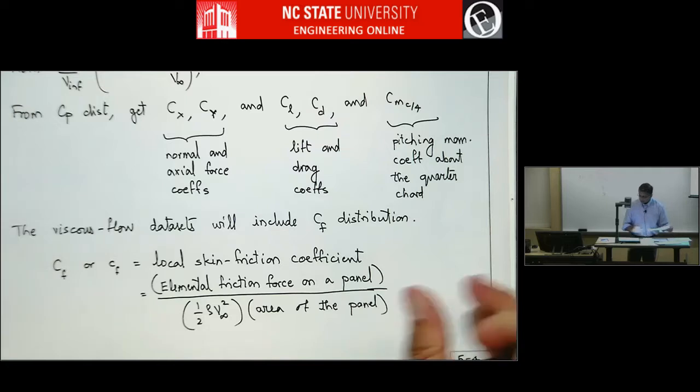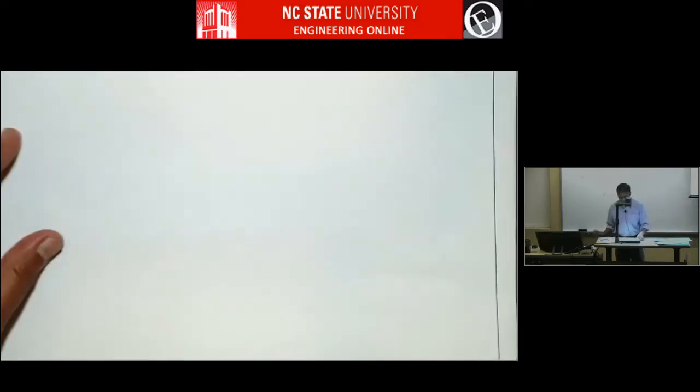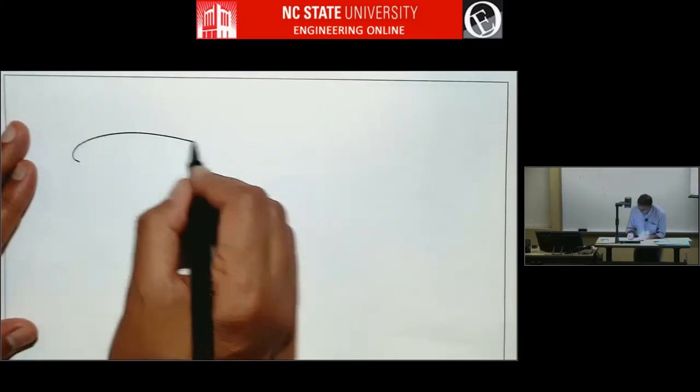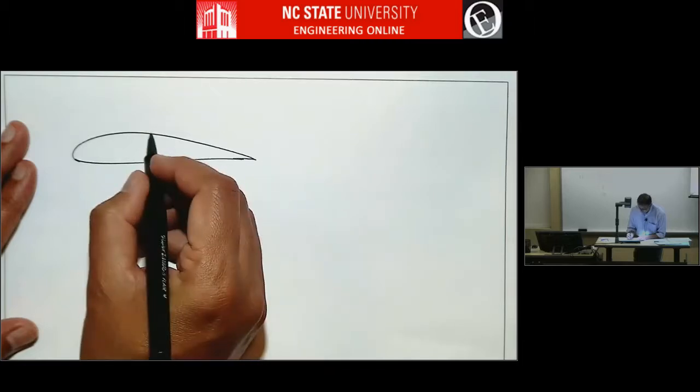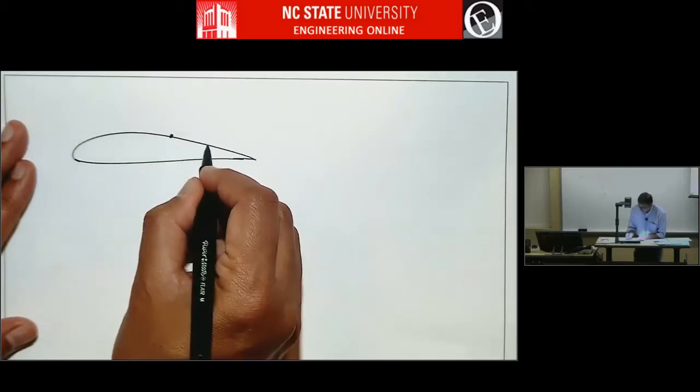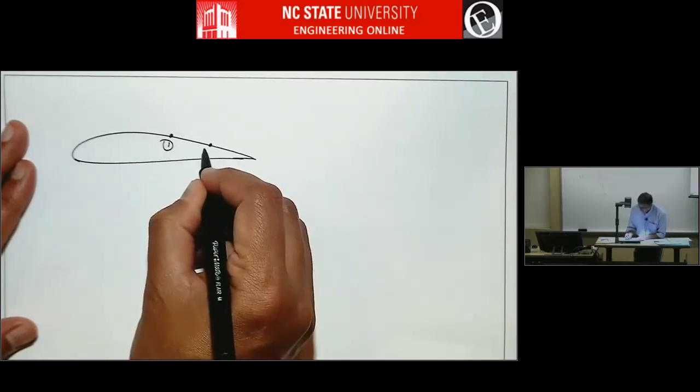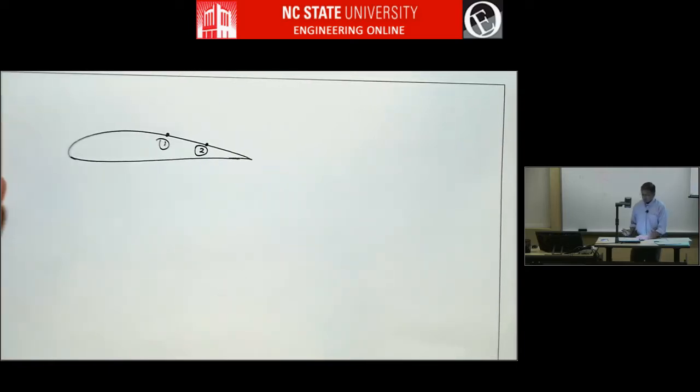So let's think through what that means. If we take an airfoil and let's take a panel, for convenience I'm just going to call this 1 and 2 like this. When you actually derive your expressions, make sure you keep the ordering the way it is in the data files.